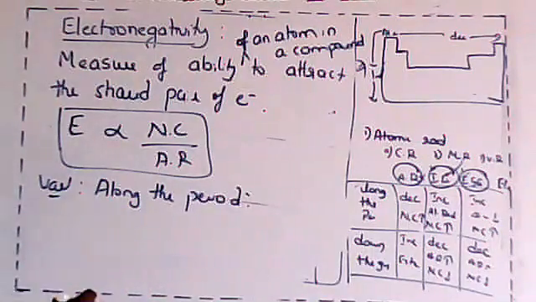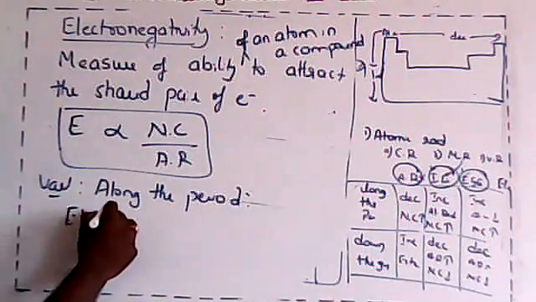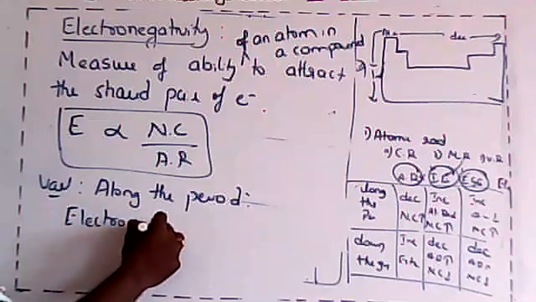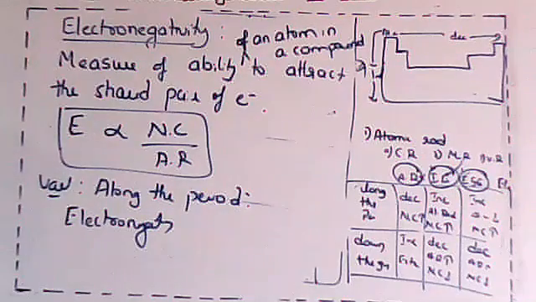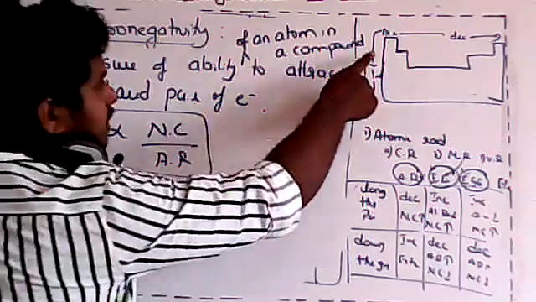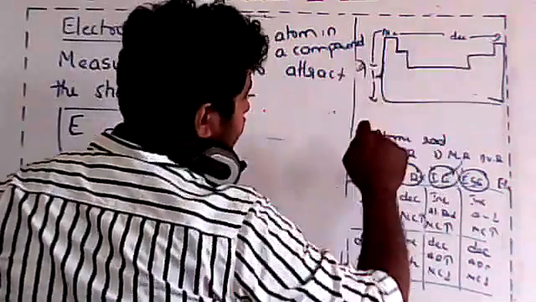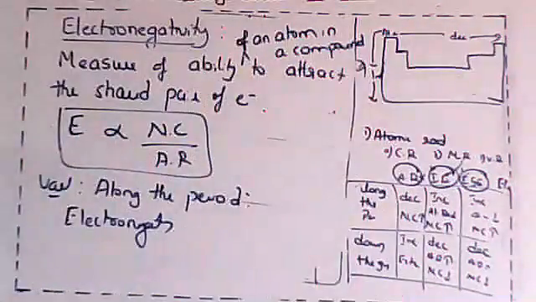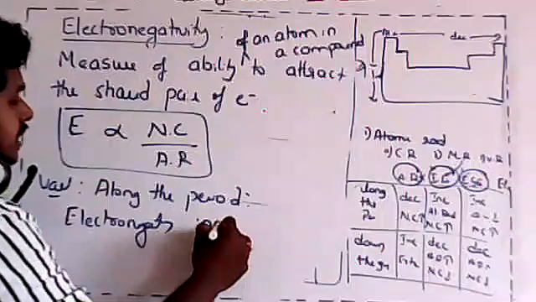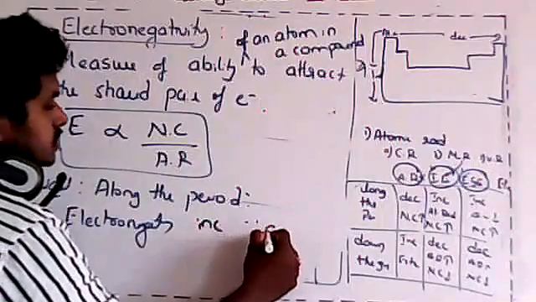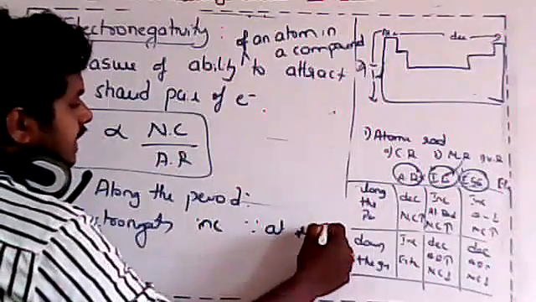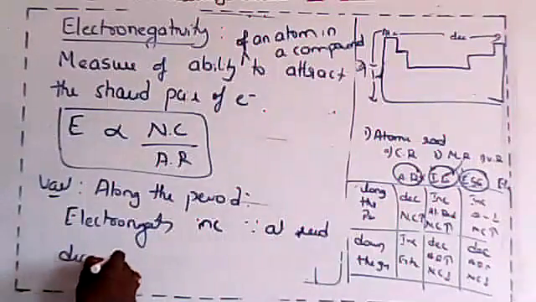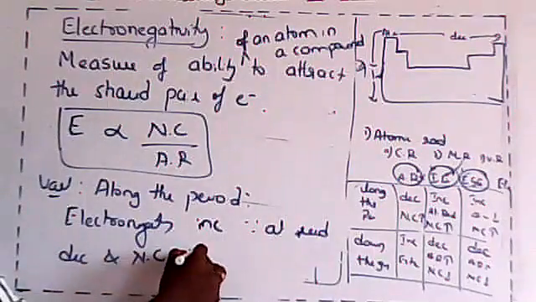Along the period, electronegativity increases. Very good. Why? Because atomic radius is decreasing, electronegativity should increase. Got it? Electronegativity increases because atomic radius decreases and nuclear charge increases.